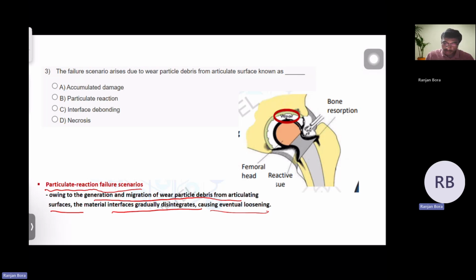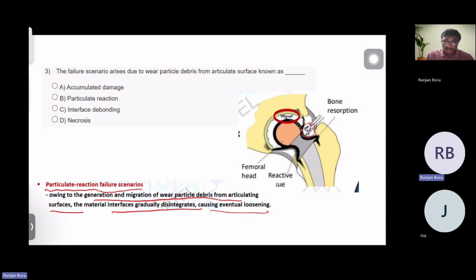Here in the figure you can see the wear particle debris, and because of the accumulation of this debris, the material between the implant and bone interface gradually disintegrates, and this eventually causes implant loosening. So option B is correct, particulate reaction.